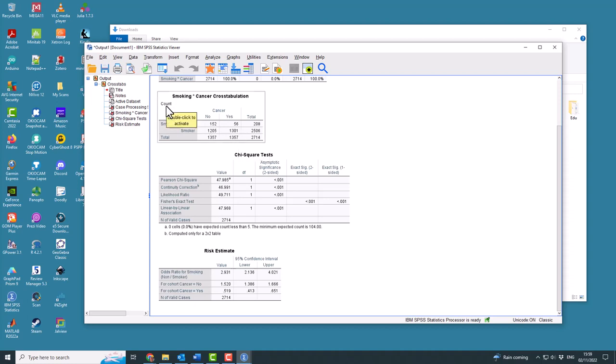That's what the chi-squared test is assessing. When it calculates, it calculates a test statistic. The test statistic is the actual observed count minus what you expected. For this row, you'd add the 152 to the 56 and then divide by 2. You'd expect them both to have the same amount.